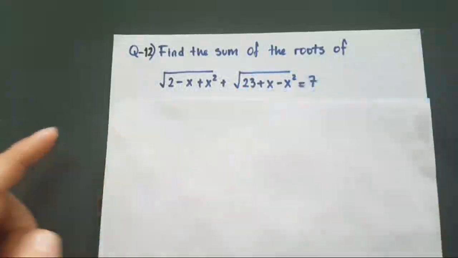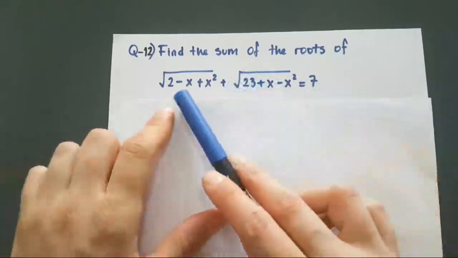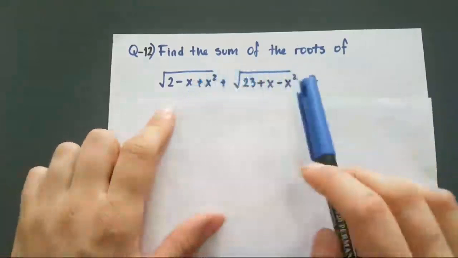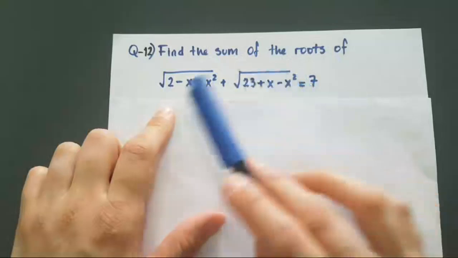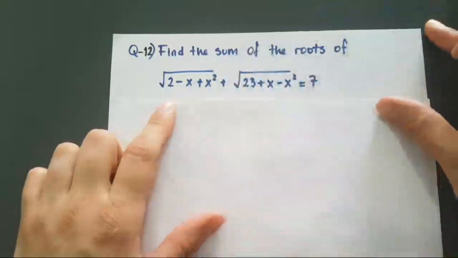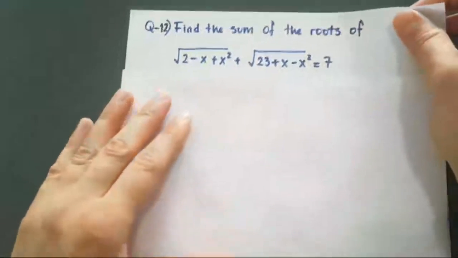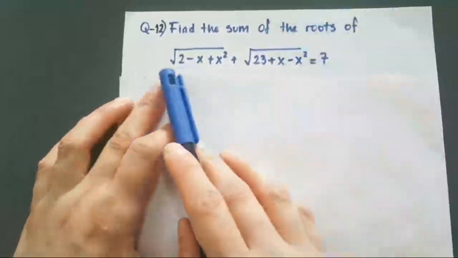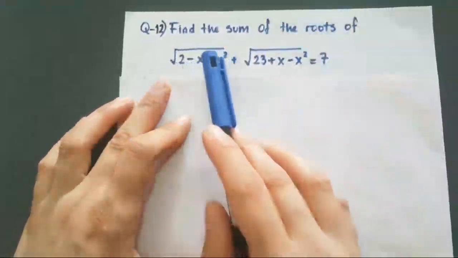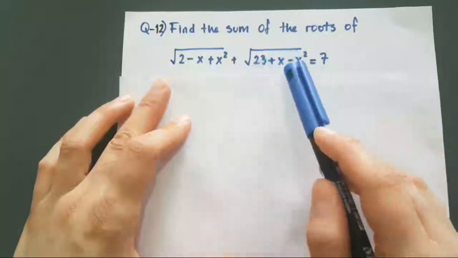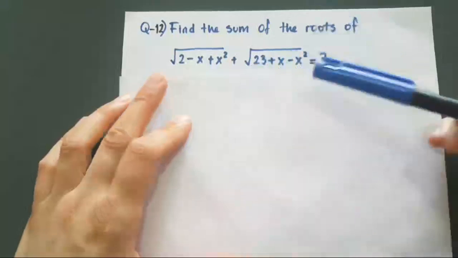But before I do that, Christina, I have a better way. Look, here we have 2 minus x plus x to the power of 2, and here we have 23 plus x minus x to the power of 2.